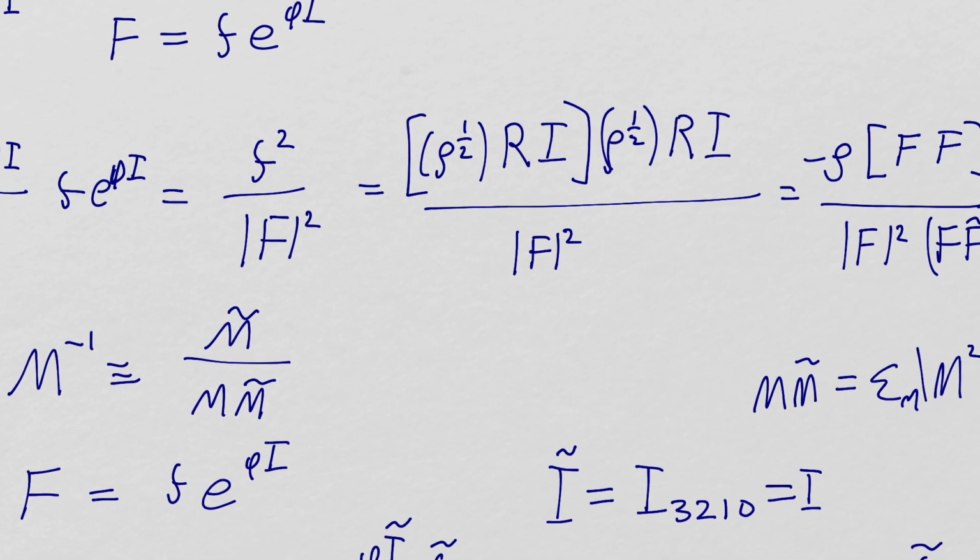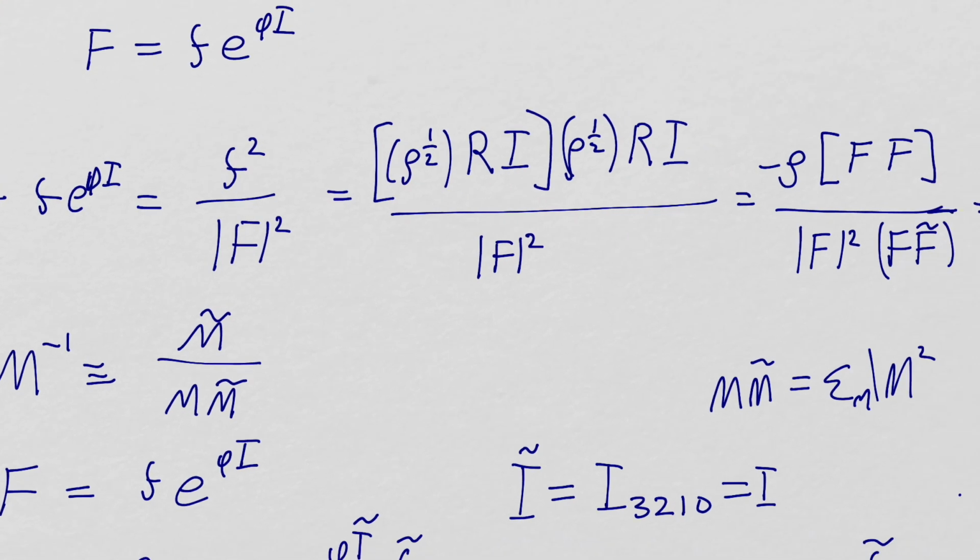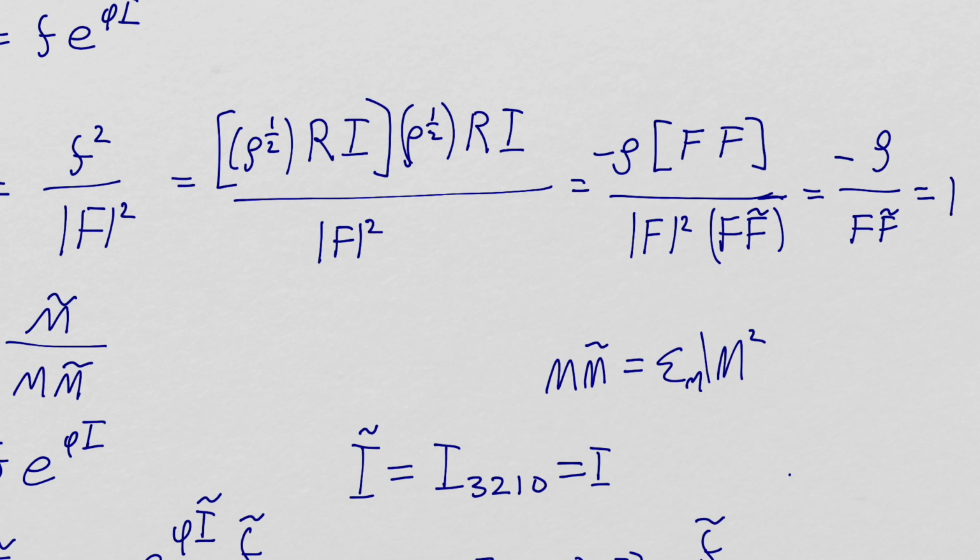But if you wanted to dive a little deeper and go through our definition of F from Hestenes's paper, you can replace F with rho to the 1/2, this canonical vector R times I. You may remember that from Hestenes's paper. If you replace F squared with two products of F's definition, the two I's come together because they commute, because R is a bivector, and give you this negative sign.